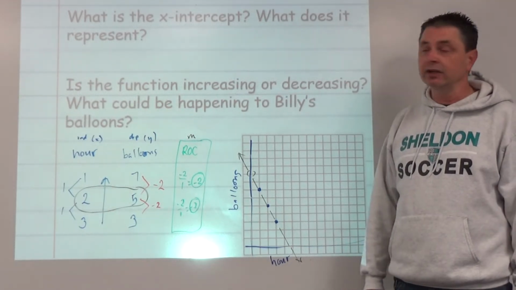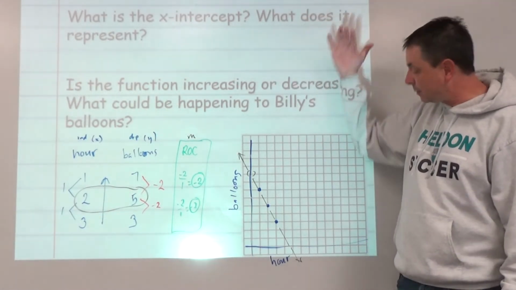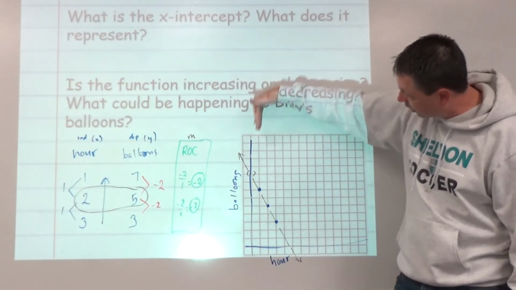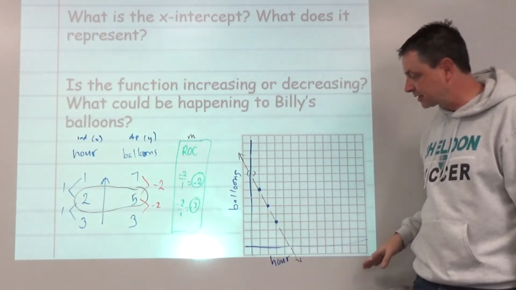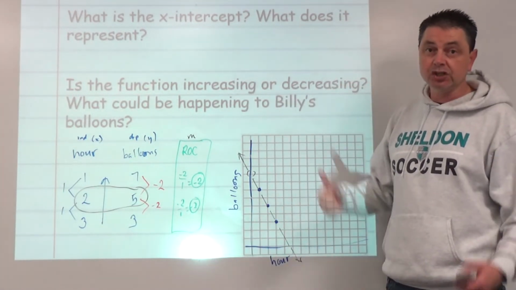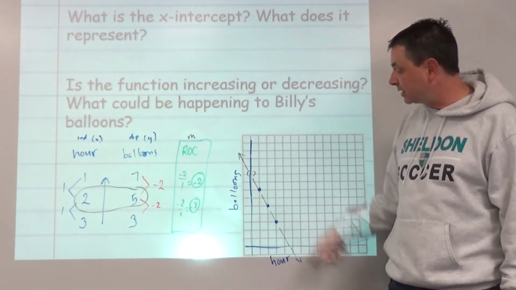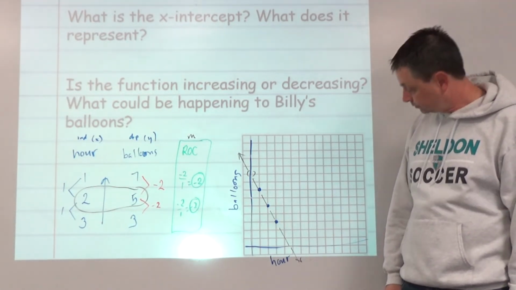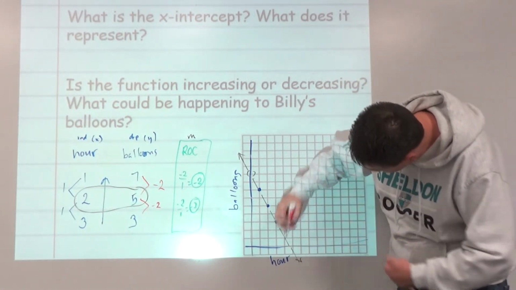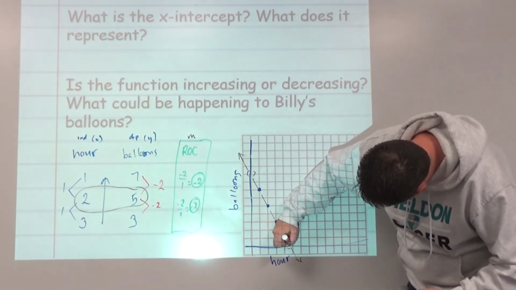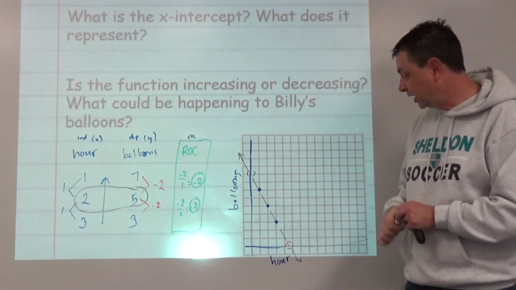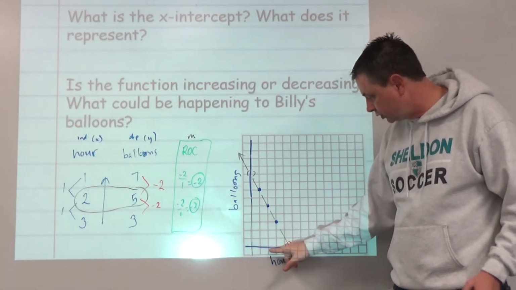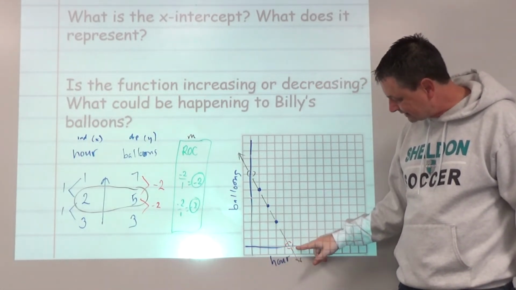What about the x-intercept? And what does that mean? So here's our y-axis, here's our x-axis. Where is our line crossing the x-axis? It appears it's right here. So where is that? 1, 2, 3, 4.